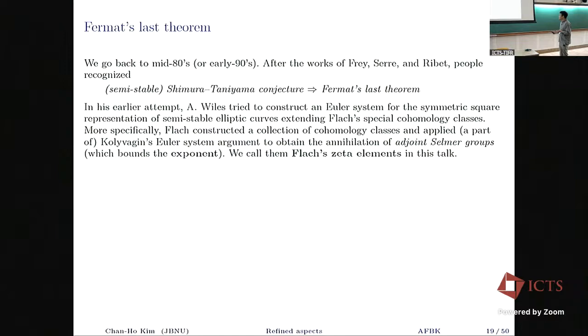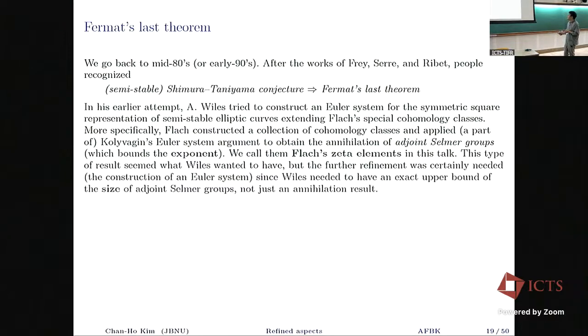We call these the Kolyvagin-Flach Z elements in this talk. But what Wiles wanted to have is the exact upper bound of the size of adjoint Selmer groups, not just an annihilation result.